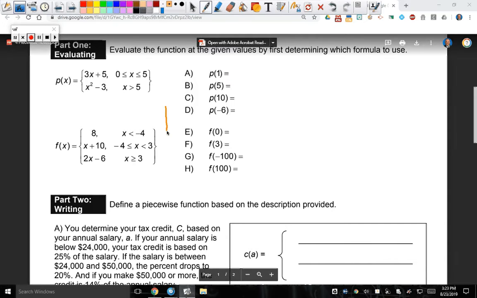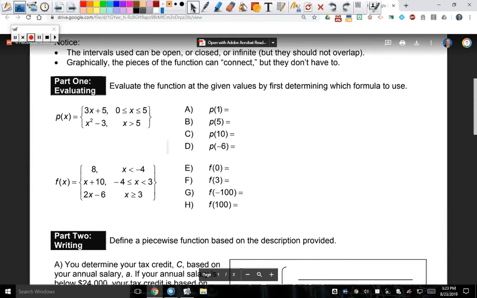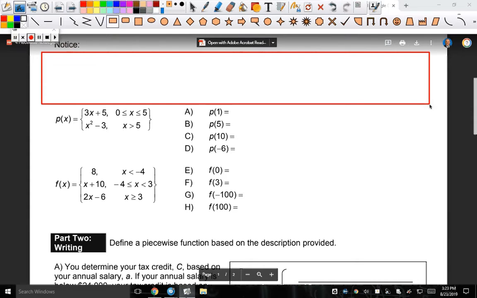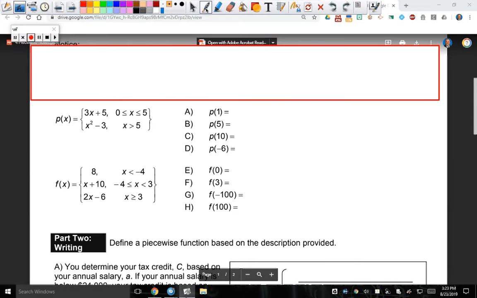What we're going to do now is see how do we read these things with numbers. Okay, so first of all, we need to look at the domain that's established for these graphs. We have one between 0 and 5, and the other one that's bigger than 5. You may need to do this on your homework. If you do, it will make things easier for you, okay?